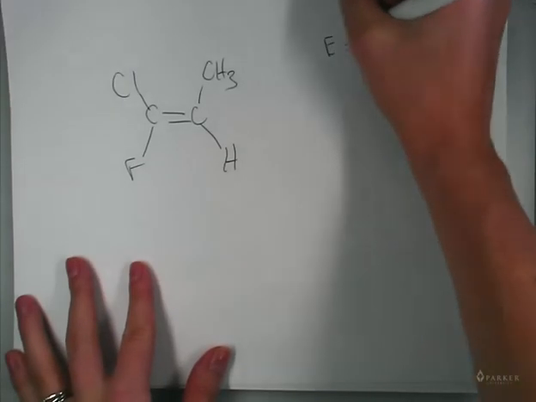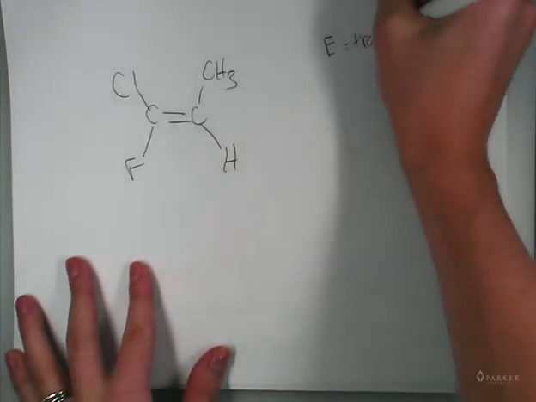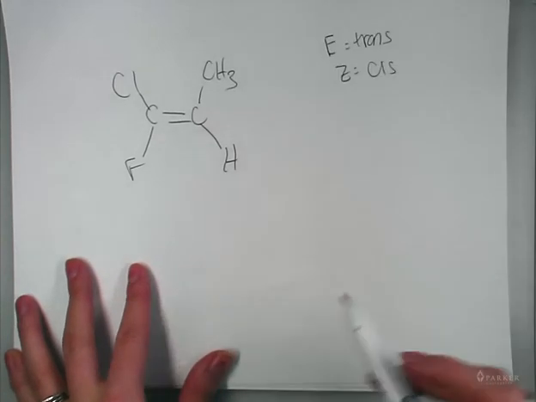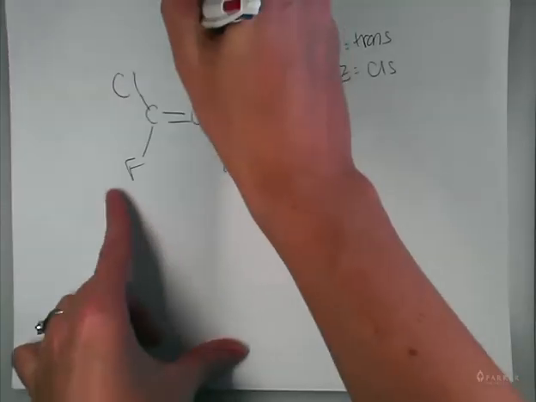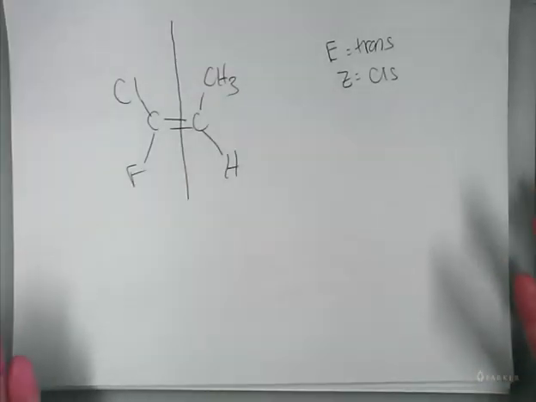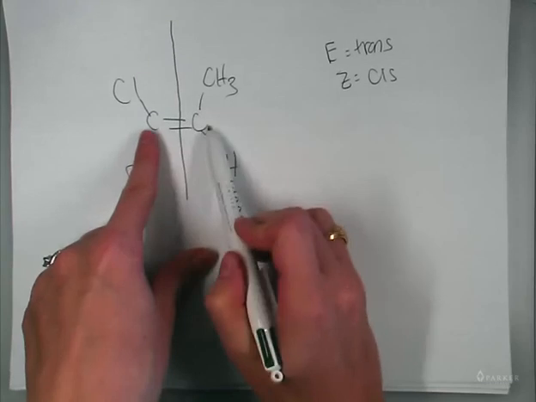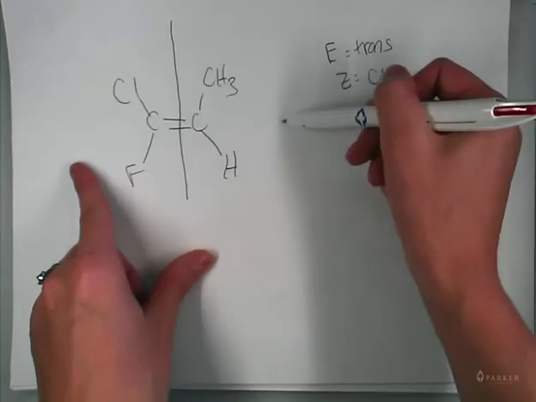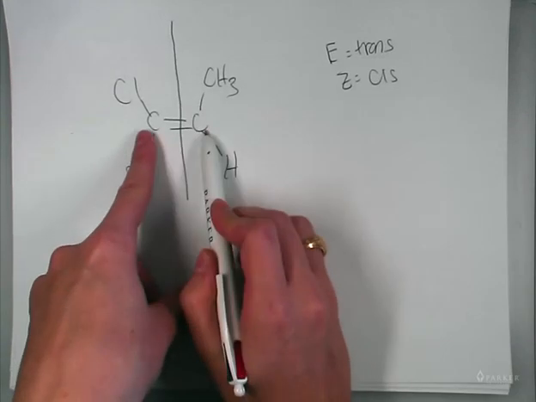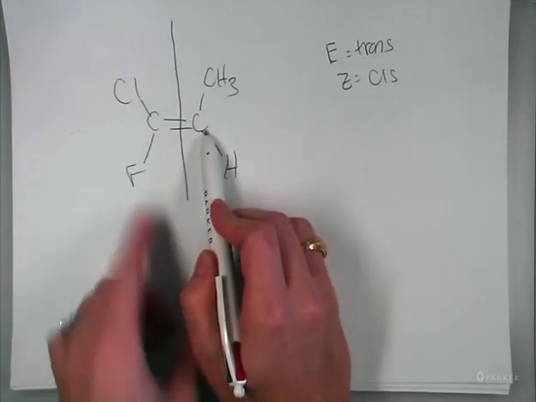E is just like a trans, and Z is like a cis. Now how you determine these: you cut it down the middle here, so kind of like the left side, right side. So you see I'm cutting the two carbons. I'm not cutting them this way. I'm cutting them through the middle, like separating the two carbons out.